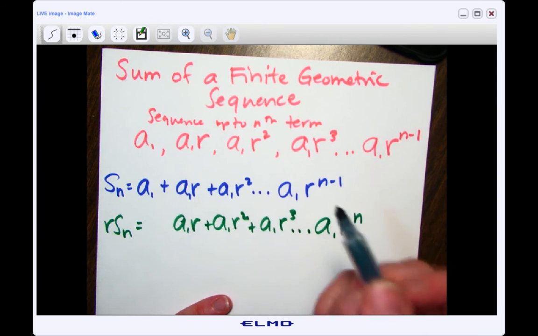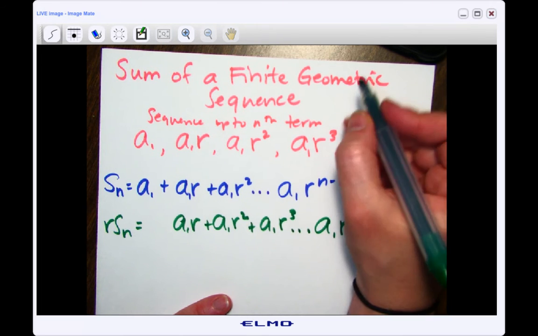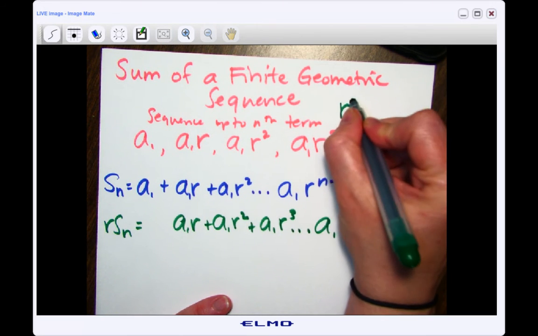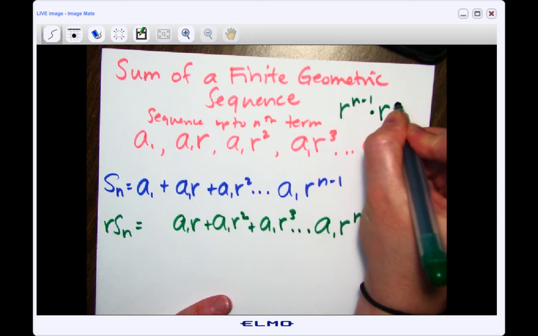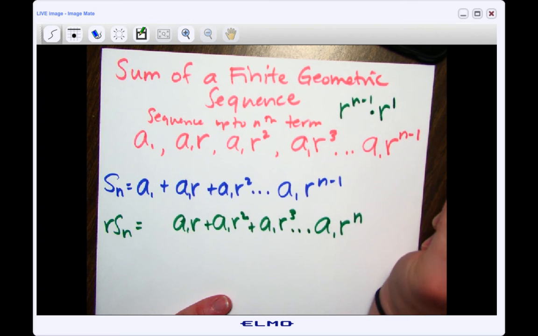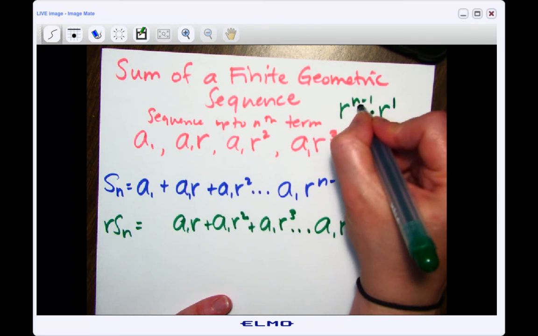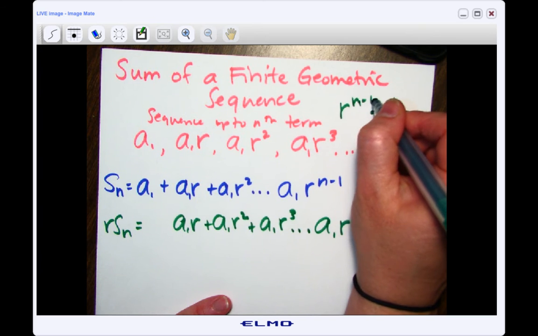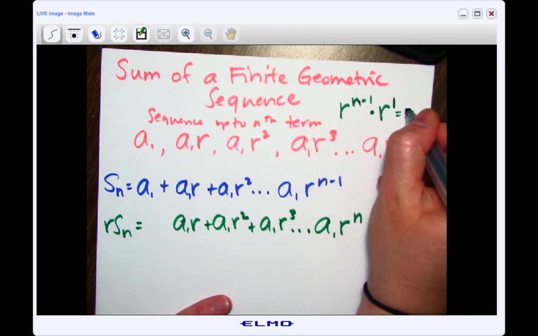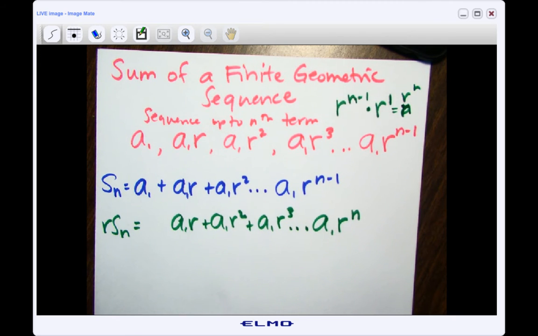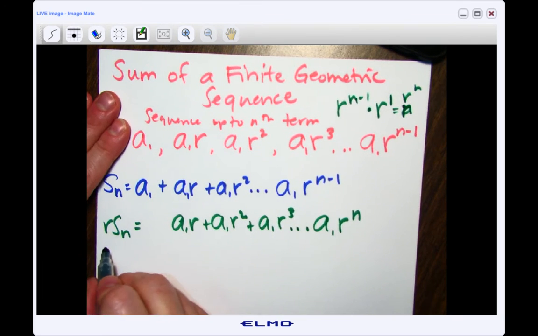And why? Well, remember, if I'm multiplying r to the n minus 1 times r to the first, what do you do with the exponents? You add them together. So n minus 1 plus 1 is r to the n, right?